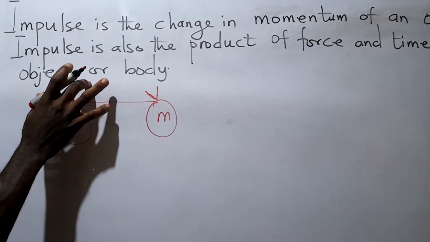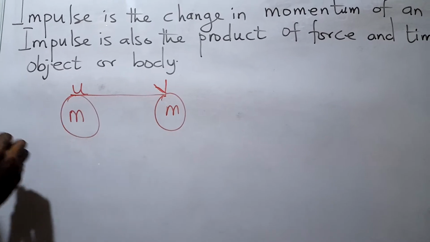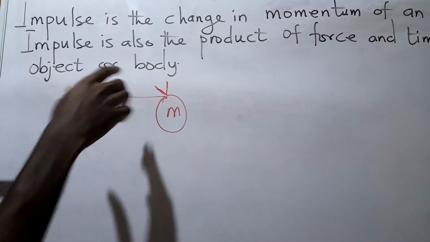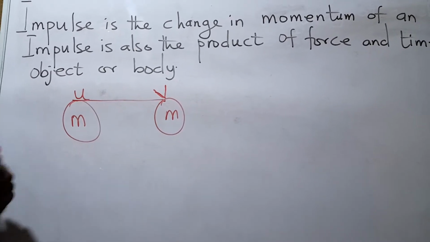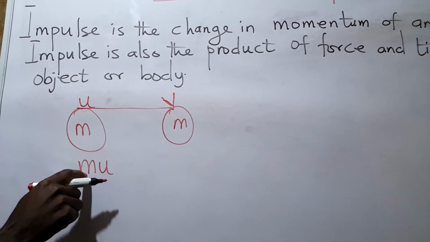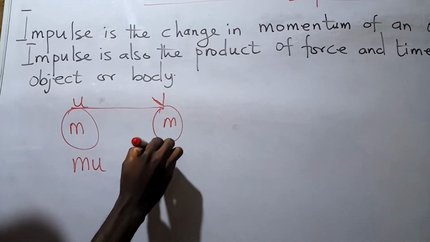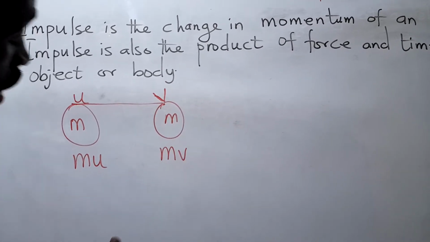So now what will be the momentum at the initial speed? Remember, momentum is the product of the mass and the velocity of the object. So the momentum here will be mu, that's the mass times the velocity, and here it will be mv.